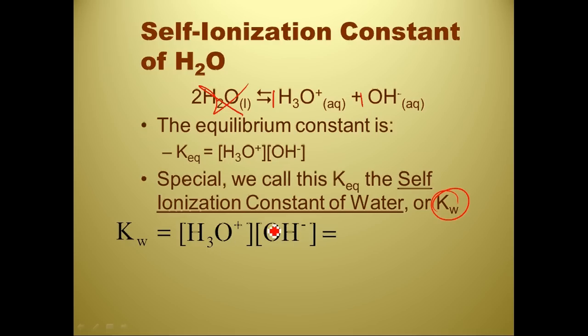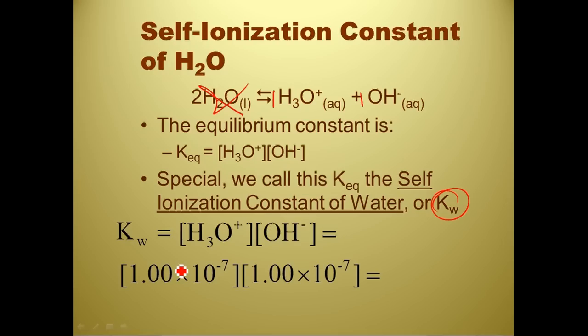If you measure this at normal room temperature, you find that the concentration of hydronium ion is 1 times 10 to the negative 7, and the molarity of the hydroxide ion is the exact same thing. When you multiply these two, you get 1 times 10 to the negative 14. This value is extremely important because anytime you're using a solution that uses water, these two numbers will always have a product of 1 times 10 to the negative 14th.